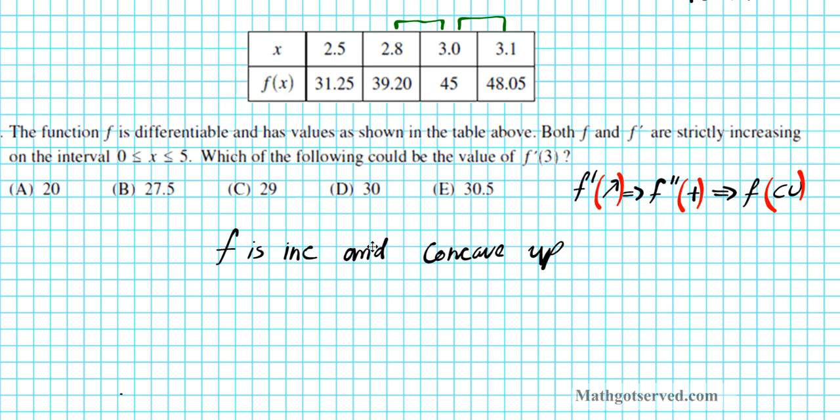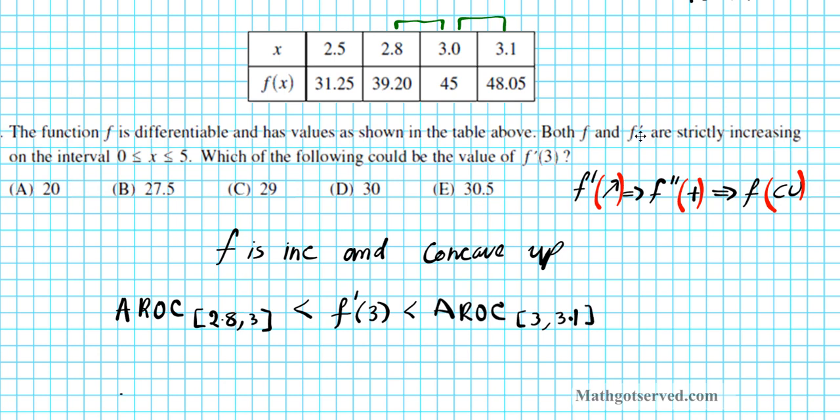So the inequality we're going to be using to bound our desired result is: the average rate of change from 2.8 all the way to 3 is less than the instantaneous rate of change of the function at 3, and the instantaneous rate of change of the function at 3 is going to be less than the average rate of change from 3 to 3.1, because we know that the first derivative is constantly increasing.